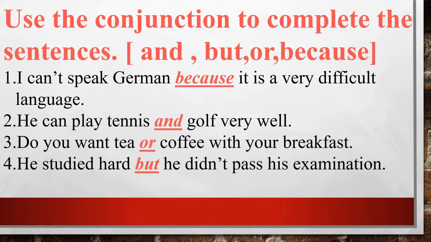The answer is, do you want tea or coffee with your breakfast? The fourth sentence is, he studied hard dash he didn't pass his examination. The answer is, he studied hard but he didn't pass his examination.